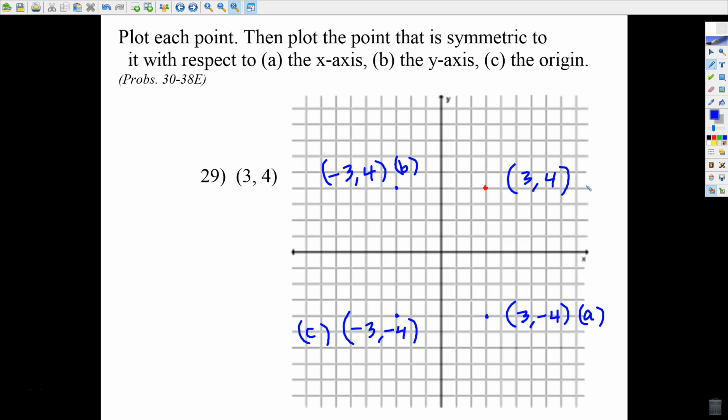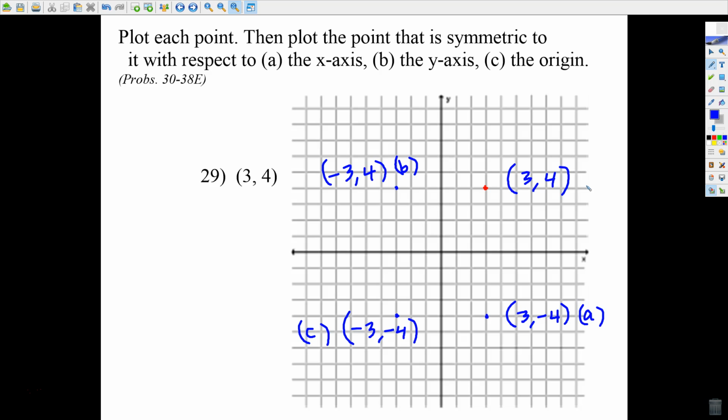And then compare the given point to the point that is created by y-axis symmetry. What do you notice? And then origin symmetry. Just give me something that stands out to you that's maybe kind of interesting, some sort of pattern maybe. X-axis symmetry, y-axis symmetry, origin symmetry, looking at those points.